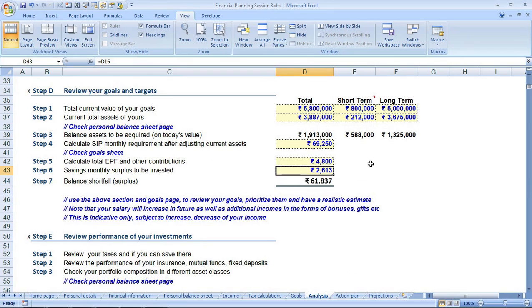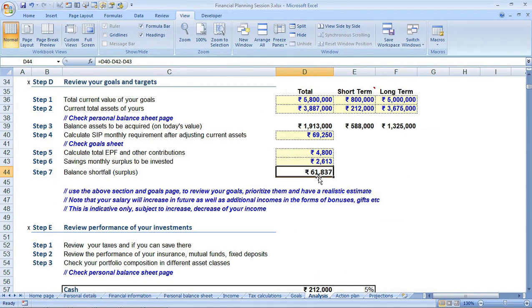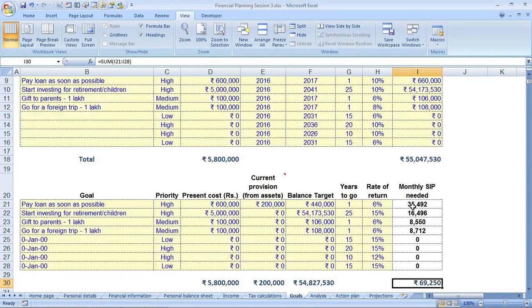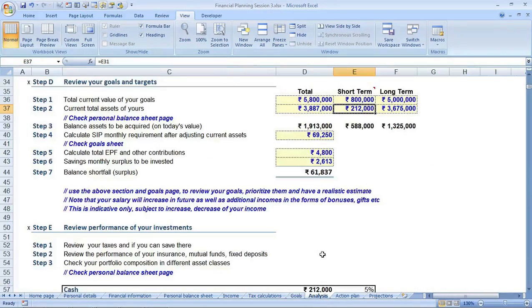So that would mean only this much amount can go towards his investment, and most of his amount would be going for loan repayment. So this would imply that you won't be able to do much of investments post the loan repayment, and probably one way could be he could pay off the 2 lakhs which we have towards one portion of the loan, so that he can reduce the loan burden.